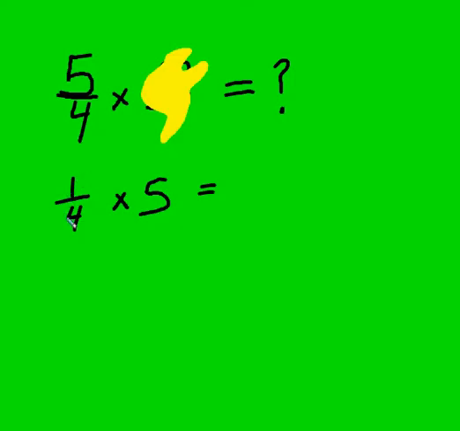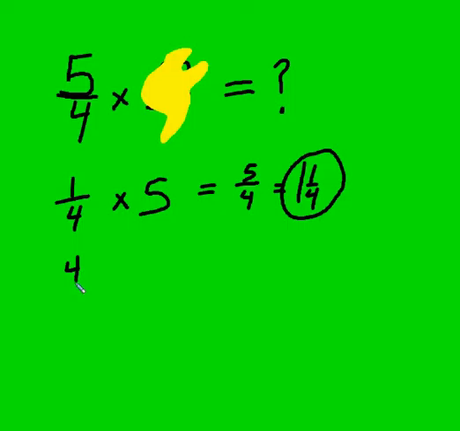So this fraction now is less than 1 multiplied by a different factor, and that equals 5/4, which is equivalent to 1 and 1/4. So what can I say about this product? This product is less than this unknown factor. Right here is the unknown factor. So my product is less than the unknown factor if my fraction is less than 1.